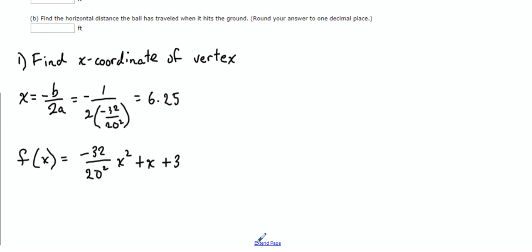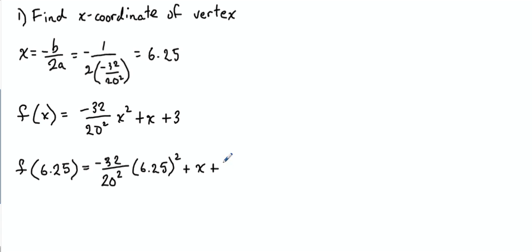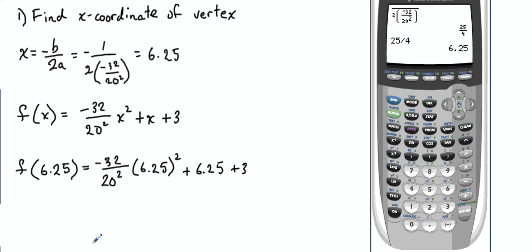And what we want to find is f of 6.25, and we will write negative 32 over 20 squared times 6.25 squared plus 6.25 plus 3. And once again, we're going to bring up our calculator.